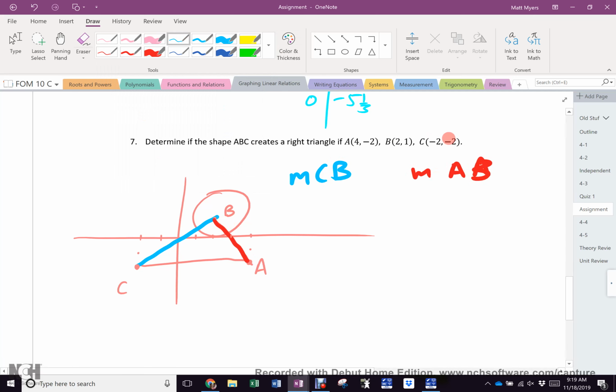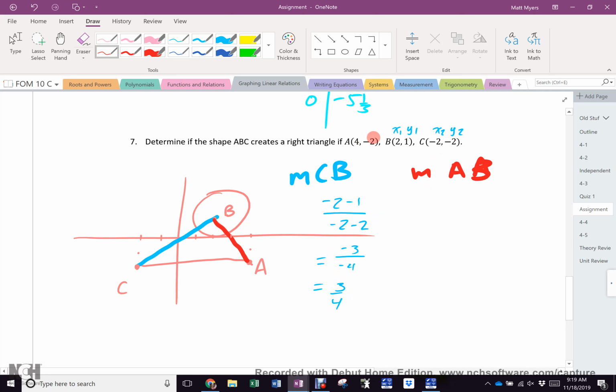CB is, of course, right here. X1, Y1, X2, Y2. Negative 2 minus 1 over negative 2 minus 2, which is negative 3 over negative 4, which is 3/4. Then we check the other one. Now, I've already written x1 and y1 here, right?